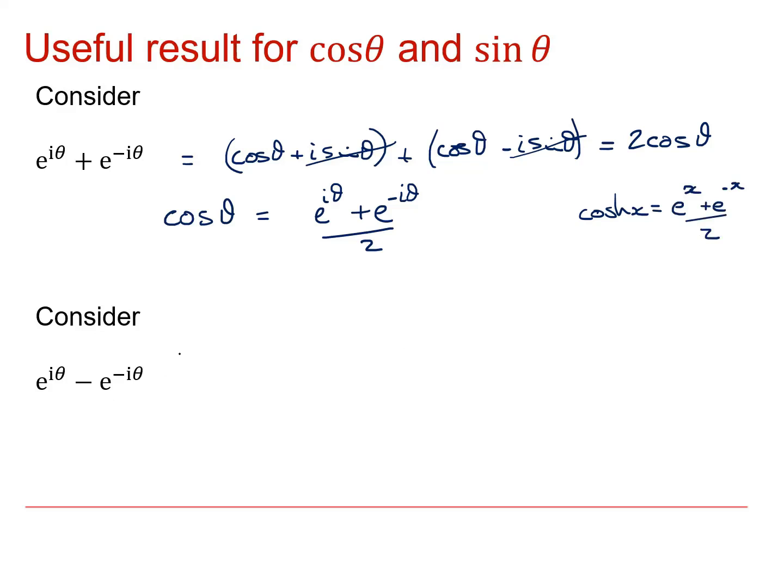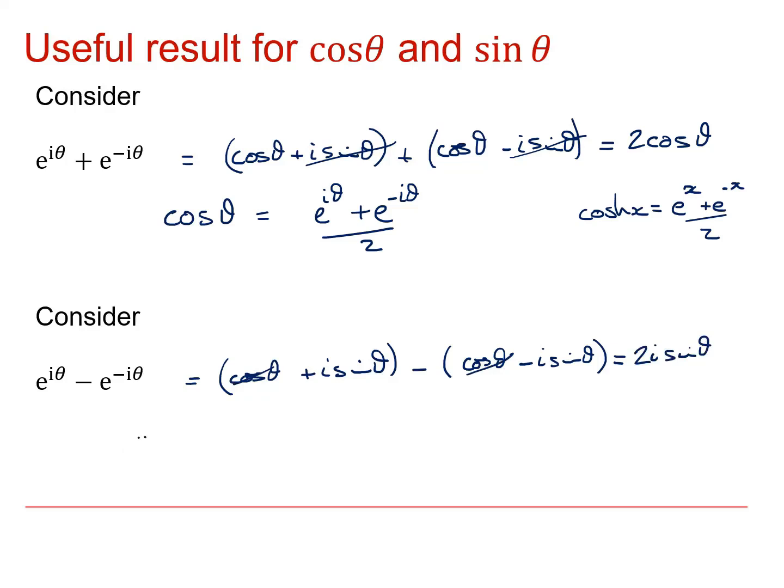Now if we look at this one, I'm going to get cos theta plus i sine theta minus cos theta minus i sine theta. This time the cos terms go, and it gives me 2i sine theta.